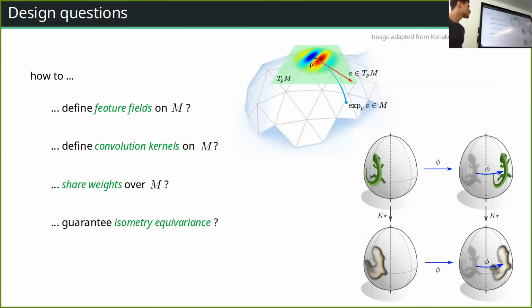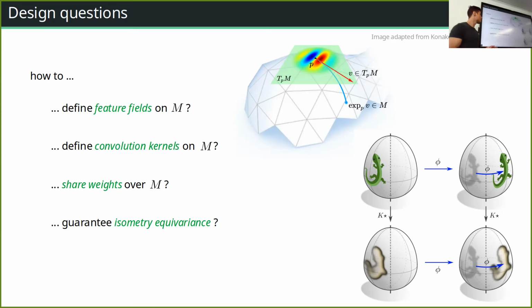All right, so to define convolutions on manifolds, we have to think about some design questions. The first one is what are our feature spaces? And we are again using feature fields, which pop up now from a different viewpoint. Then we have to think about how to define a convolution kernel on the manifold. And the issue there is that you have a different geometry at different points of the manifold. So it's not obvious how to share weights between different points.